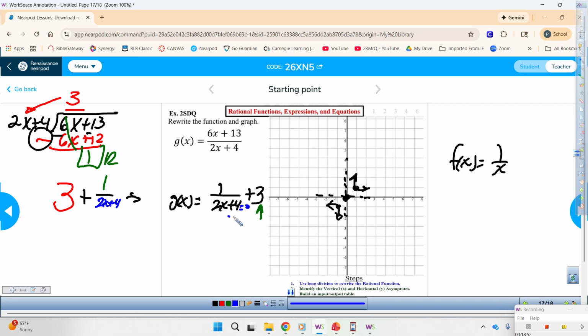Set it equal to what? 0. 2x plus 4 equals 0, so 2x equals negative 4. Divide by 2. x equals negative 2. So I'm moving it to the left 2, 3 up.